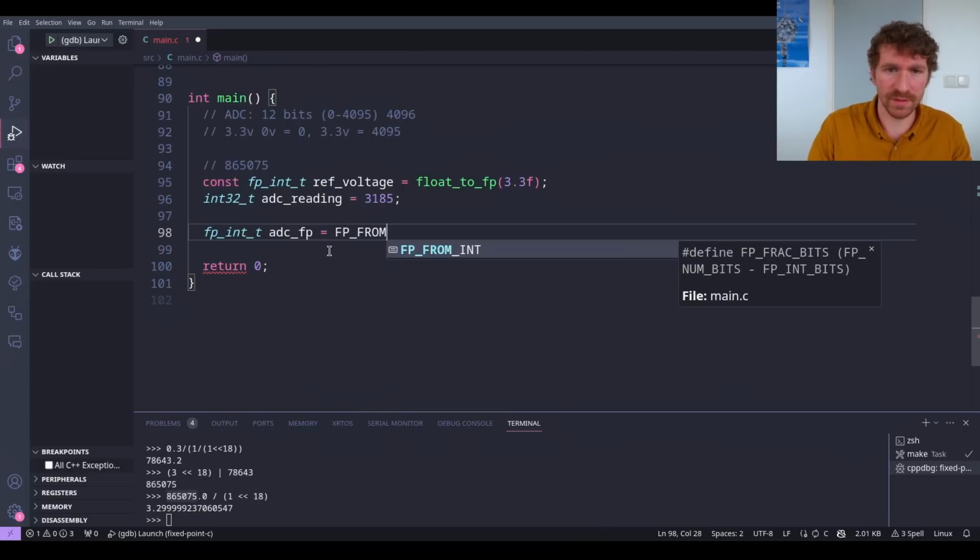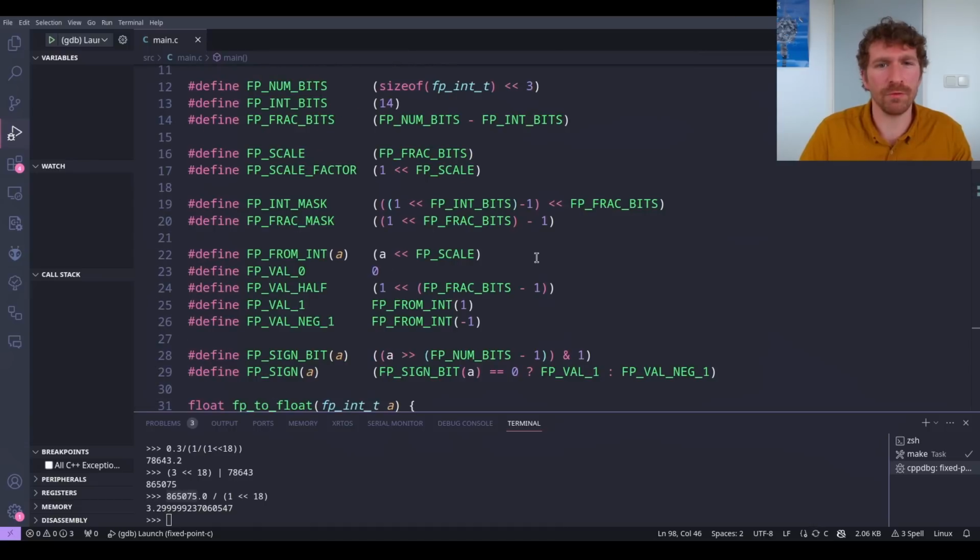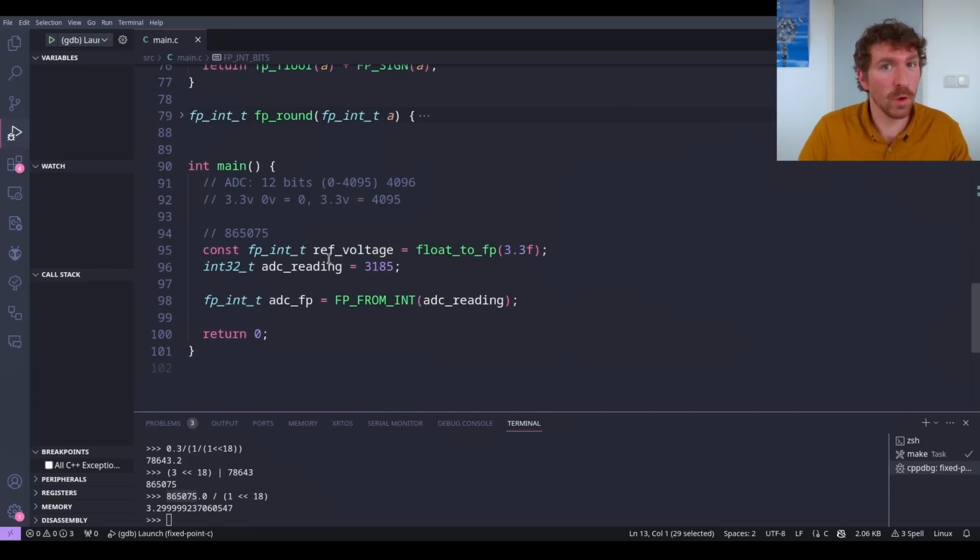Well, we know how to do this from an integer, so we're just going to plug our reading in here. Again, being careful that this actually fits, right? We've got 14 integer bits, and this is a 12-bit number. So just think about if those two things were the other way around, we wouldn't be able to do this. Just keep that in mind. You need to be able to represent this. Of course, otherwise there's other ways of doing it.